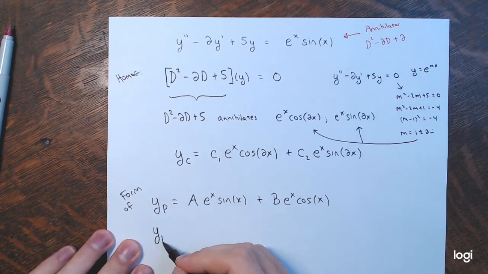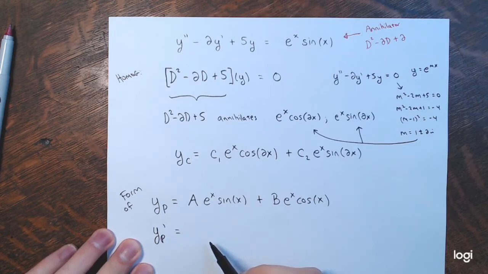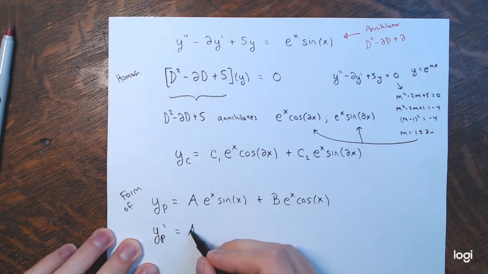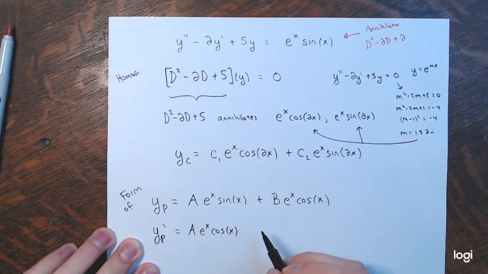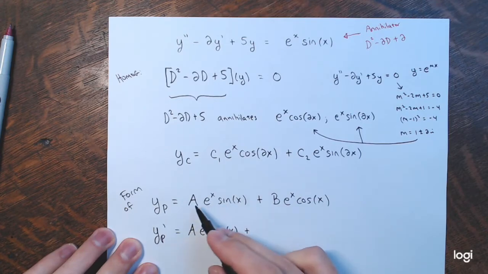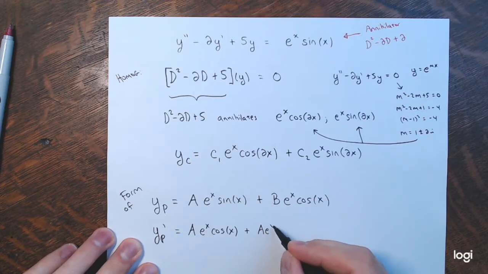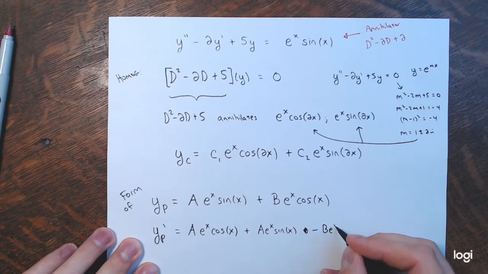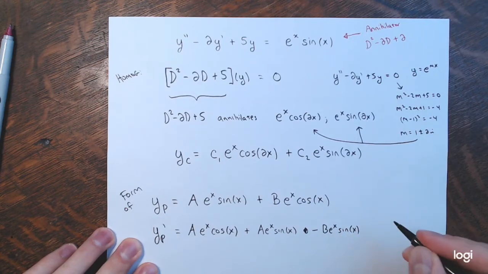So I take yp prime, and really, I guess I'll just leave it like this. So we have a e to the x cosine x, that's first times the derivative of the second, plus second times the derivative of the first, so plus a e to the x sine x, plus, and then minus b e to the x sine x plus b e to the x cosine x, using the product rule.